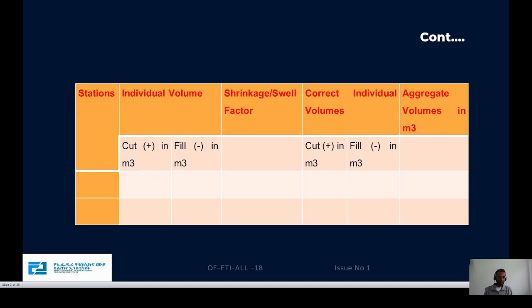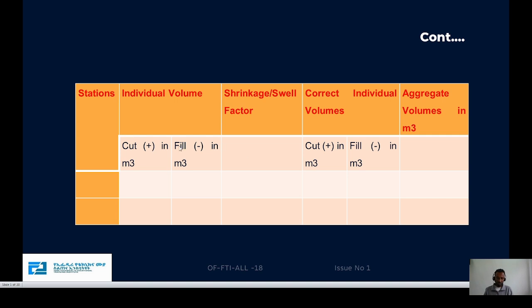The first column is the station, listed below, then the individual volume. If there is an area, we calculate the volume. A positive volume is a cutting, and a negative value is a filling. The shrinkage and swelling factors are then applied.